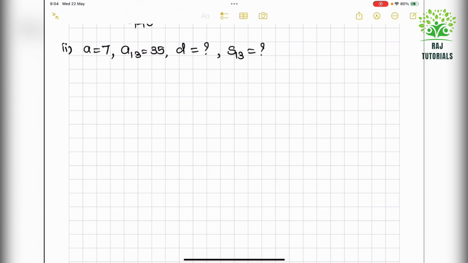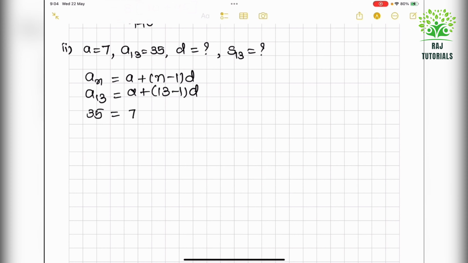So again first I need to use the An formula, so that will be A plus N minus 1 D. So A13 will be equal to A plus 13 minus 1 into D. So A13 is 35 equal to A is 7 plus 12 D. So 35 minus 7 upon 12 equal to D. D equal to 2.33.